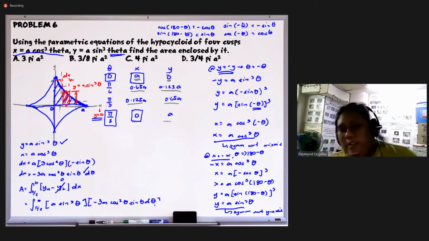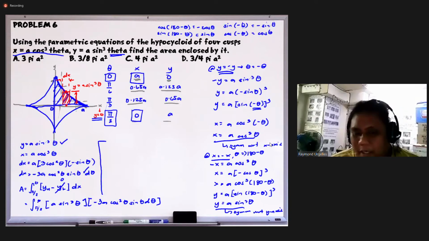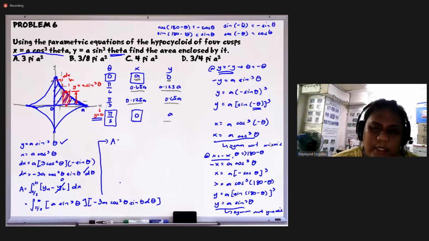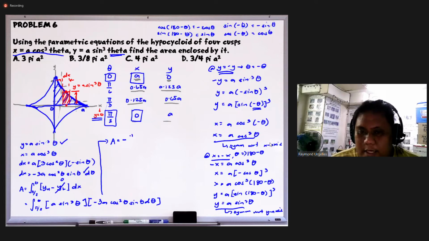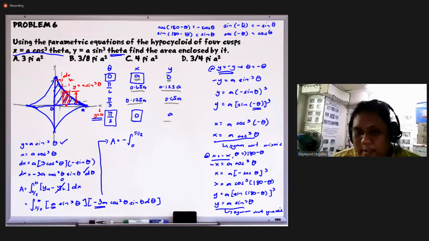Now let's simplify. Note the property of the integral: when we reverse the limits of integration, the integral is multiplied by negative 1. So we can write this as a negative integral and swap the limits, making it 0 to pi over 2. Pulling out the negative 3a, negative 1 times negative 3a squared is positive 3a squared.